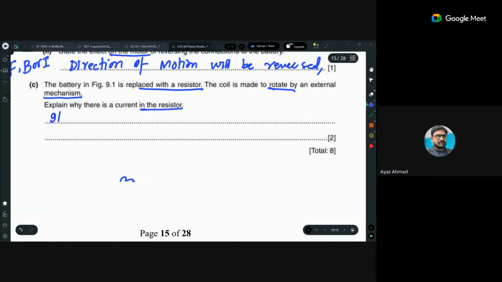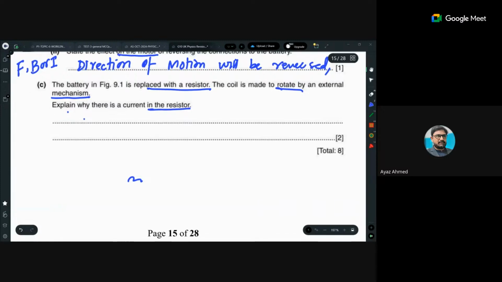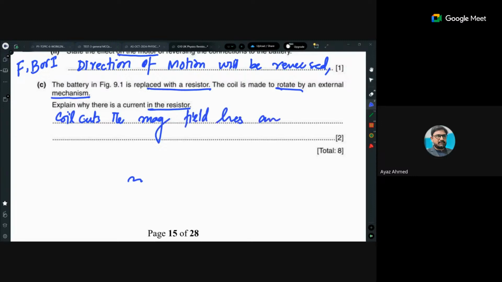Yes. So the coil cuts the magnetic field lines when it is rotating in the magnetic field. Write down please. Coil cuts the magnetic field lines and flux is induced.